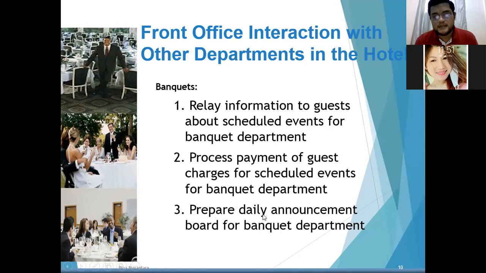Prepare daily announcement board. I think you also find in your hotel whenever there is any function, wedding, and so on, there will be signboards telling where to go, how to find the ballroom, and so on, prepared by front desk.